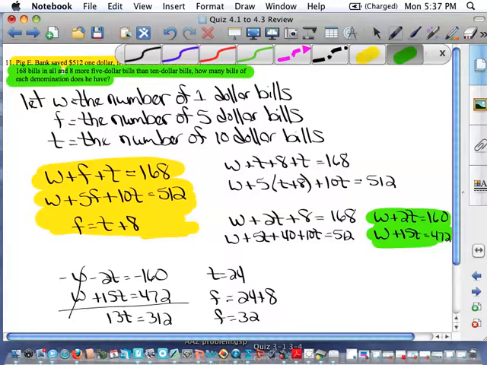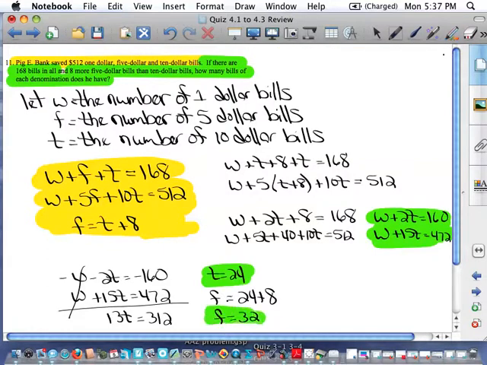So now you have the 10s, you have the 5s. Go back to that first equation. The 1s plus the 5s plus the 10s is equal to 168. So the 1s would be equal to 112.